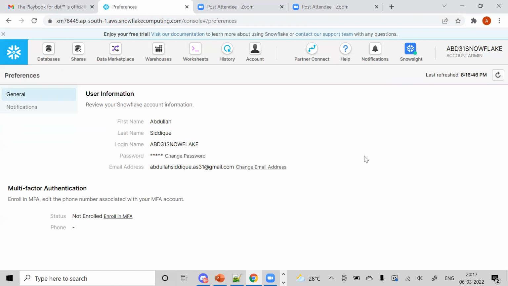Network policies is one, then MFA is one, and there is one more, which is related to third party. I think I'm forgetting the name. Anyway, at the end of the class, I'll look at the documentation and let you know the name. It is similar to doing authentication through the third party. That is kind of a single sign-on. You guys do single sign-on, right?